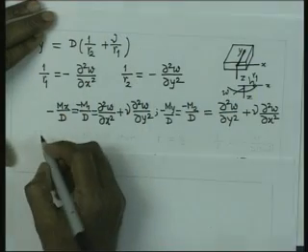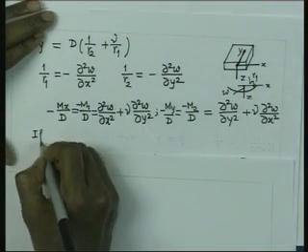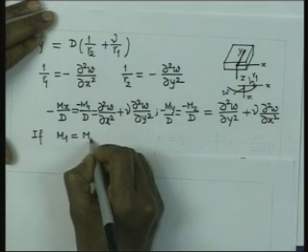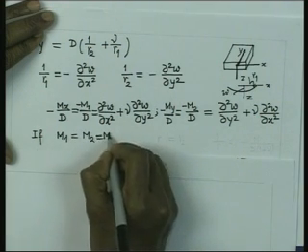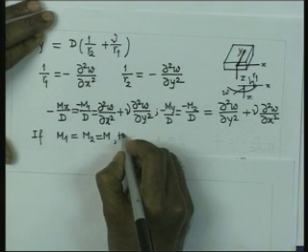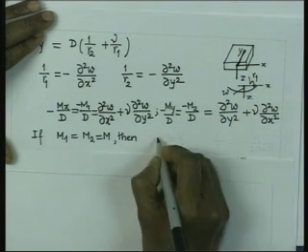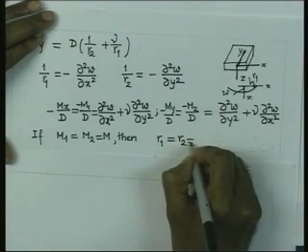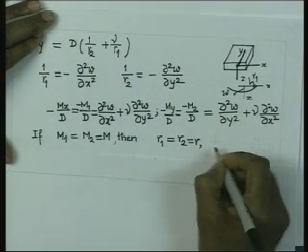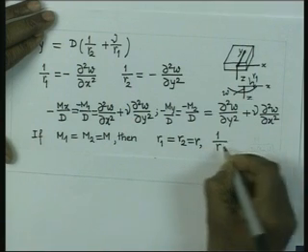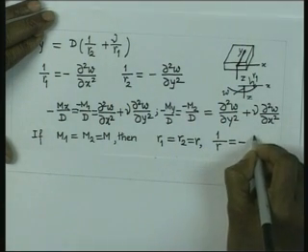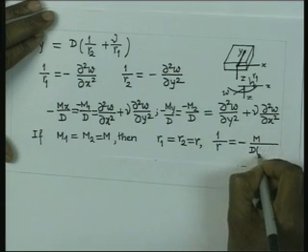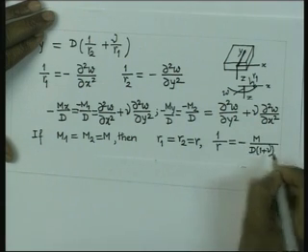Now, for the simple case, if you consider the situation like this, if m1 equal to m2 and let us say that is equal to m, then you will find that R1 is equal to R2 and let us say that is equal to R, then we will have 1 by R is equal to minus m by d into 1 plus nu.